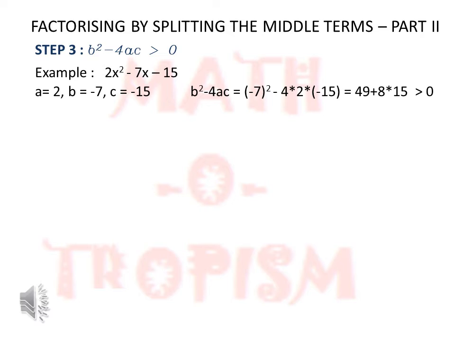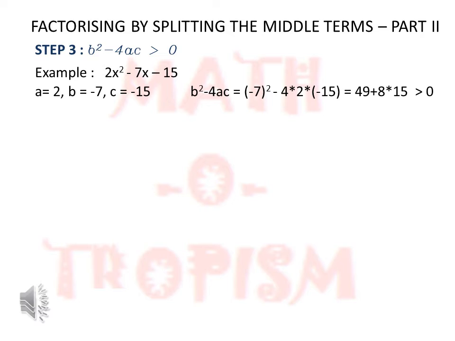Minus and minus is there, so the next term, 4 into 2 into minus 15, is going to become plus something. So both are positive, which means it is going to be greater than 0. I don't have to simplify, because I just need to know whether it will come as a positive number, negative number or 0. That's it. So I will stop with this.